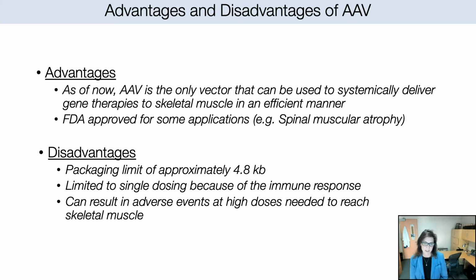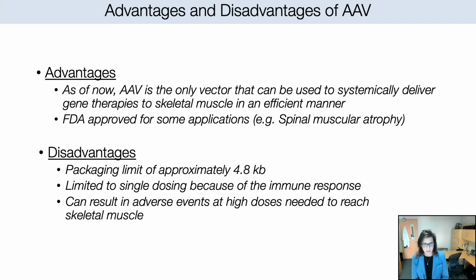It does have a packaging limit, and so for some gene editing components like SpCas9, sometimes we have to use two different vectors, and that effectively increases our dose. Or you could say reduces the dose that we're allowed to deliver, since we have to double the number of AAV particles to get a single platform in.